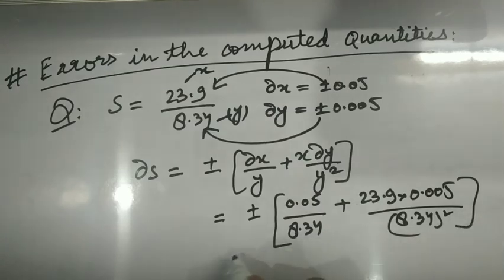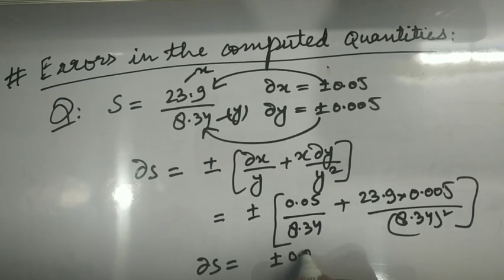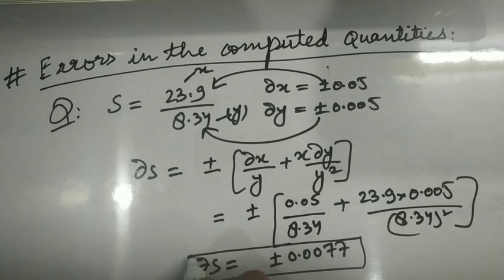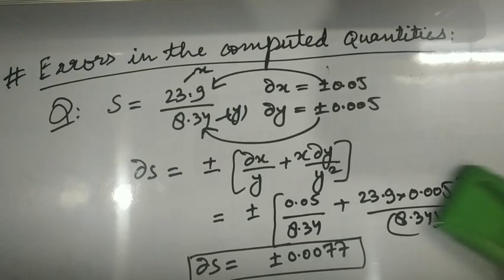On solving, we get dou s is equal to plus minus 0.0077. So this was an example of errors in the computed quantities by making use of the division formula. So we'll move on to the next type of numerical.